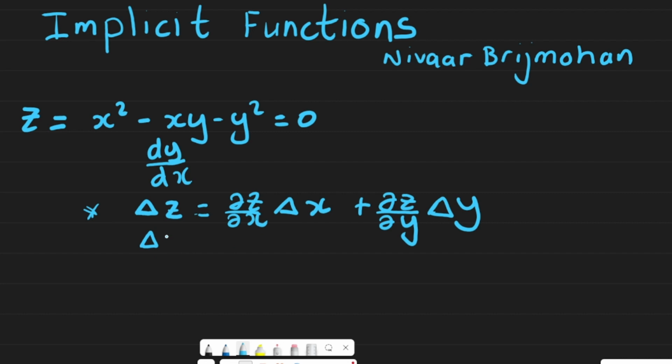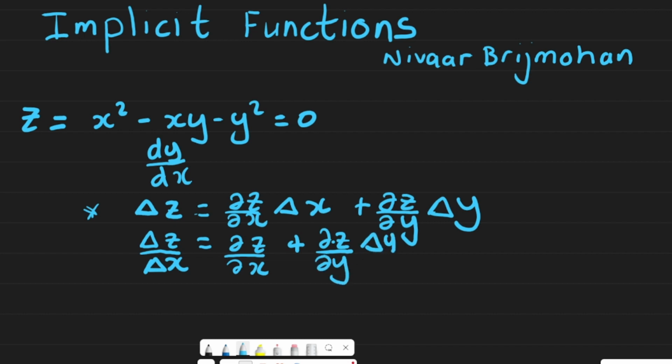If we do that, we get delta z divided by delta x equal to dz dx. Delta x over delta x is just 1, so we'll just not write it, plus dz dy multiplied by delta y over delta x.